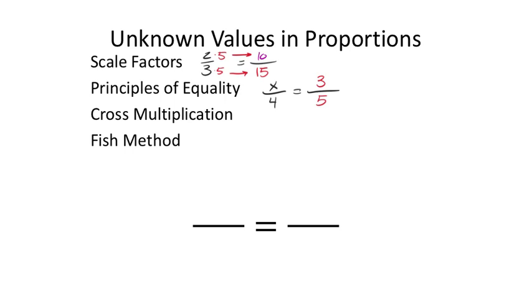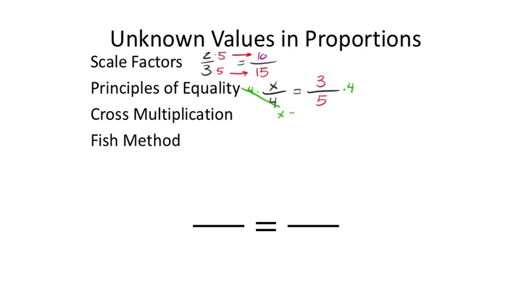Now, a principle of equality will say, whatever you do to one side of the equal sign, you must do to the other side in order to solve it. So right here, if I have x divided by 4, and I would like to solve for x, which I do, then I would have to multiply the left side by 4 in order to make that a phantom 1. But if I do that to one side, I must do it to the other side. Now, don't worry about what the answer is here.